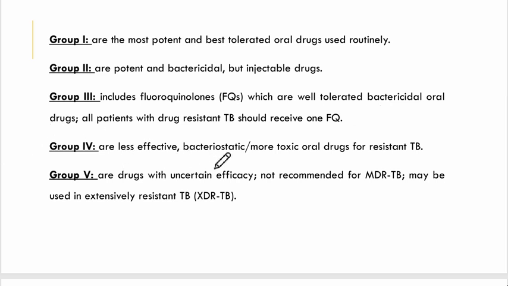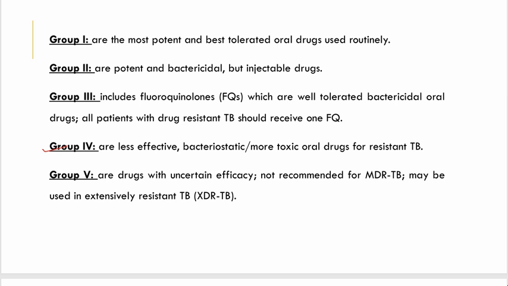Group 4 is less effective, bacteriostatic, and more toxic. This is the second line group with more toxicity and low efficacy, used as reserve drugs for resistant TB. Group 5 are drugs with uncertain efficacy, not recommended by WHO for MDR-TB, but may be used extensively in resistant TB.